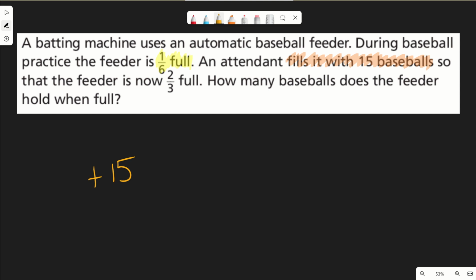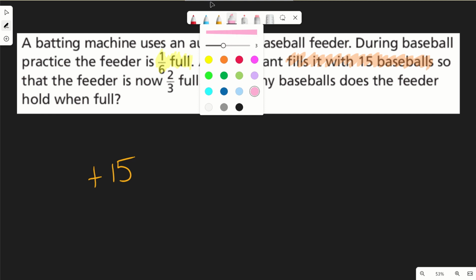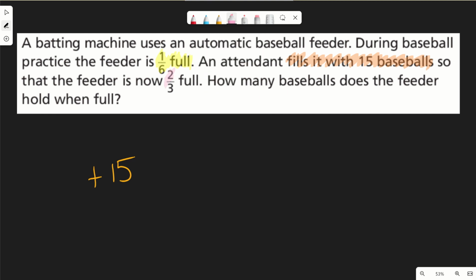If we fill something with 15 things, we've added 15 things into it. Now, the feeder is 2/3 full of what it could be. So after we added 15 in, we now have 2/3 of the total number of baseballs.